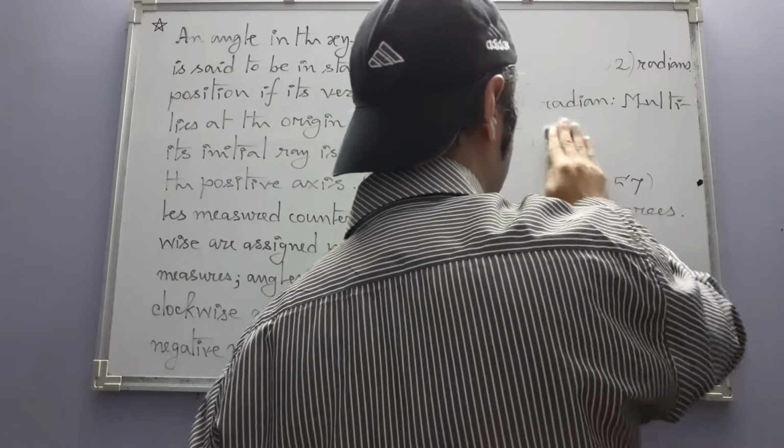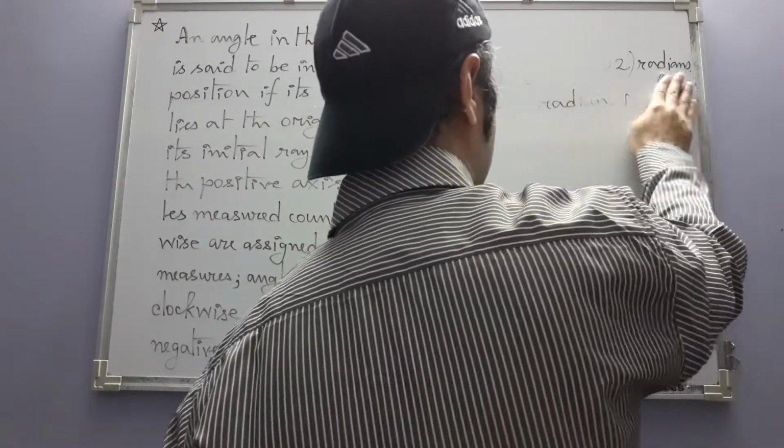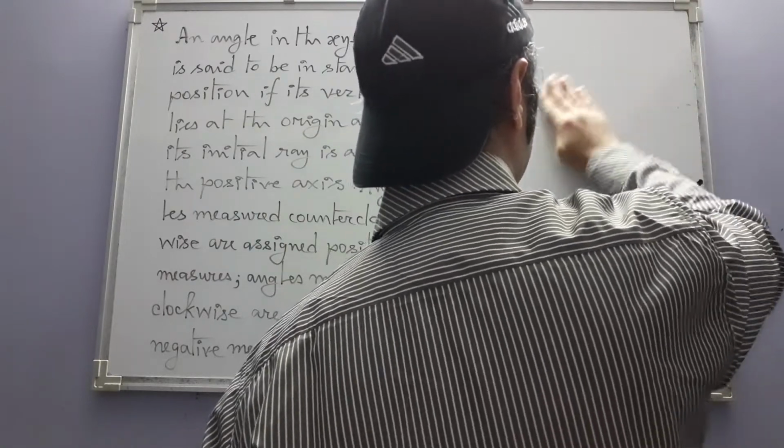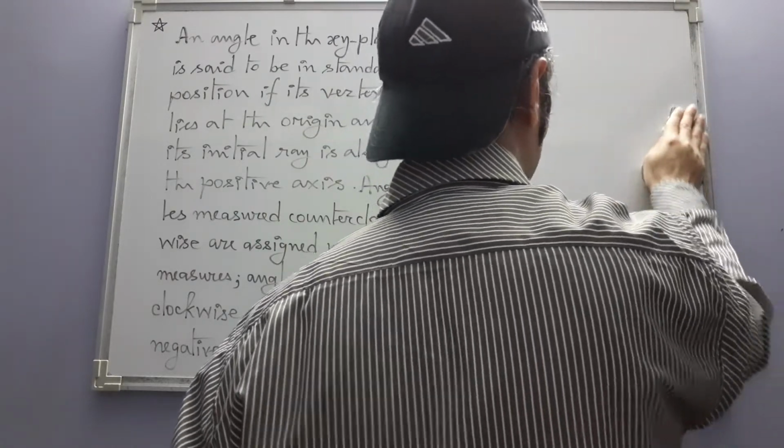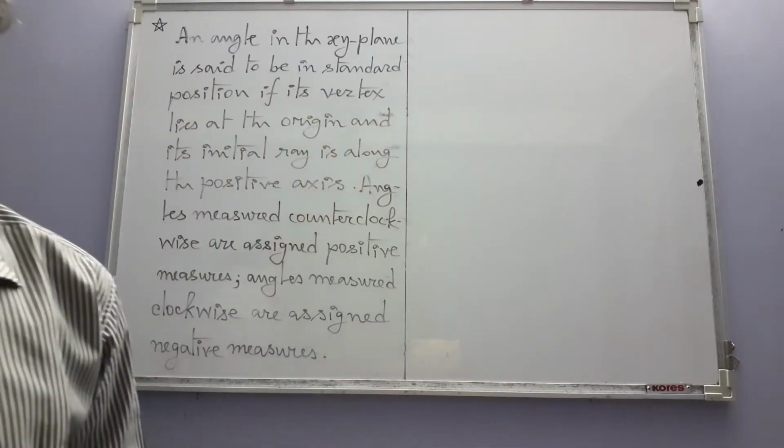We are now going to draw those two diagrams, one of a positively measured angle and another of a negatively measured angle. But before that, I need ink.